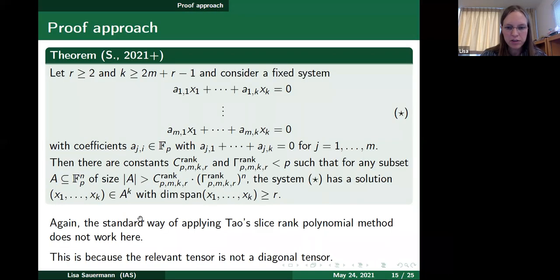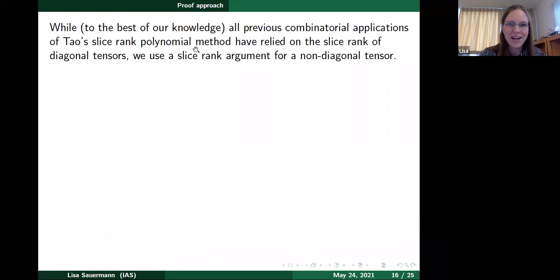This fact about the tensor not being diagonal is actually a crucial problem, because as far as I know, all previous combinatorial applications of Tao's slice rank polynomial method have relied on the slice rank of diagonal tensors. So here we will use a slice rank method for non-diagonal tensors.